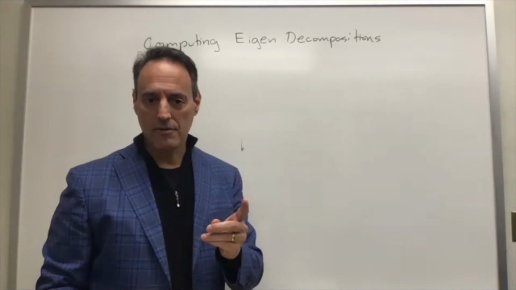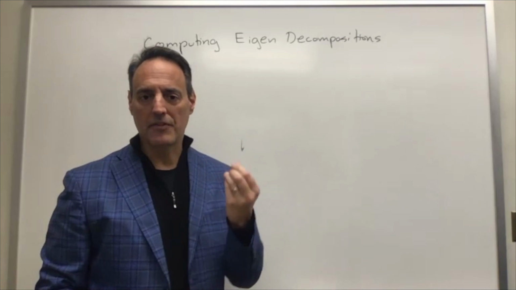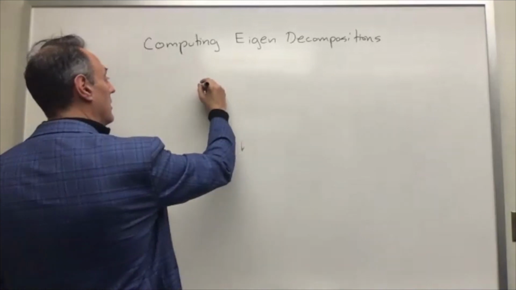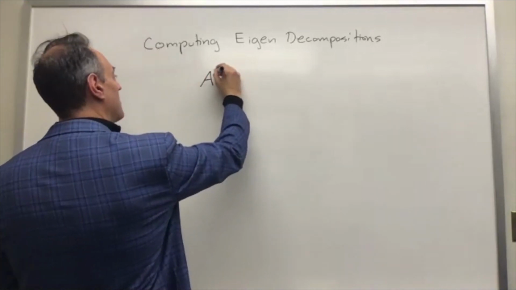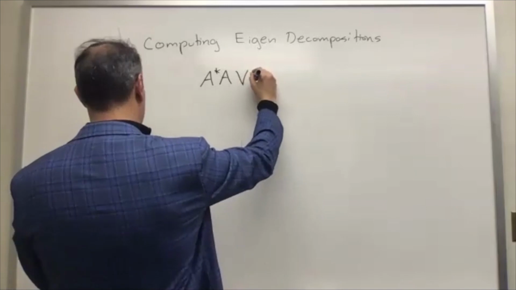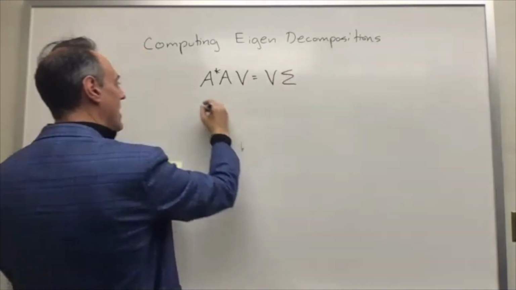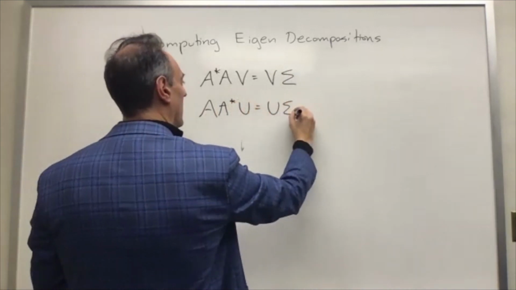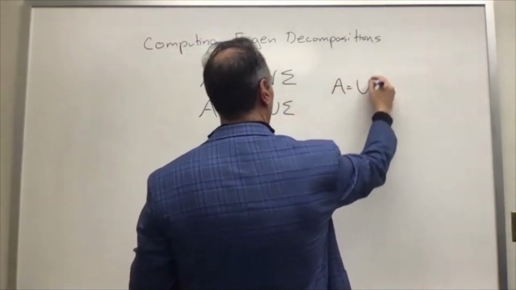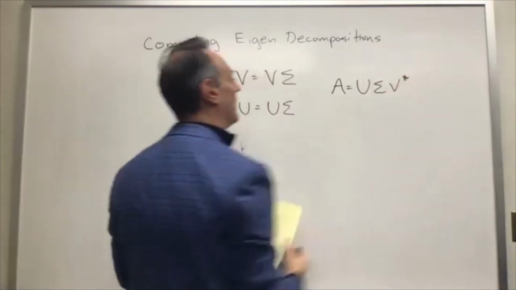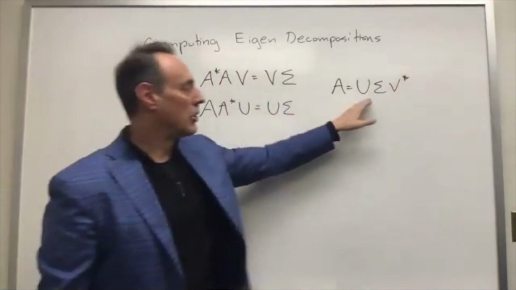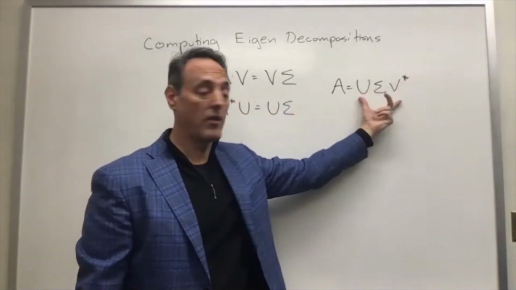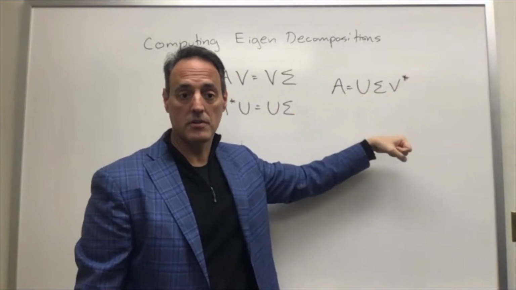The first thing I want to highlight to you goes back to the early lectures about the SVD, which is there's two properties I showed related to SVD, which is A star A times V is equal to V Σ squared, and A star U is equal to UΣ. But remember that A is equal to UΣV star. You work in two bases, U and V, and this diagonal matrix Σ. So these are two unitary transformations.